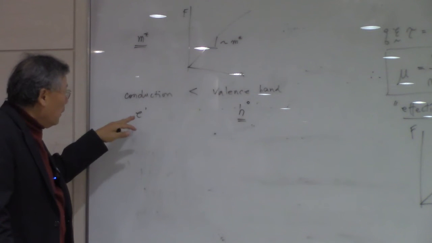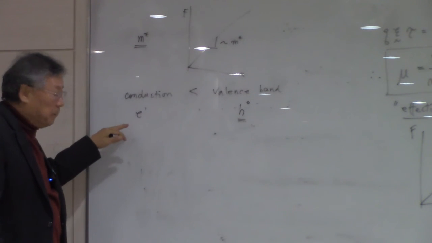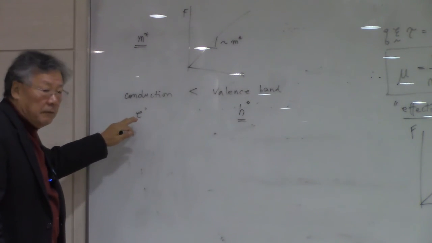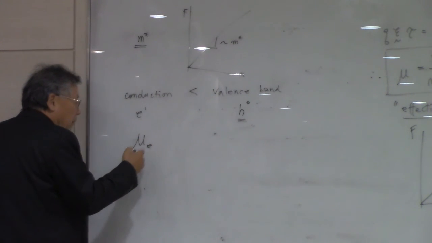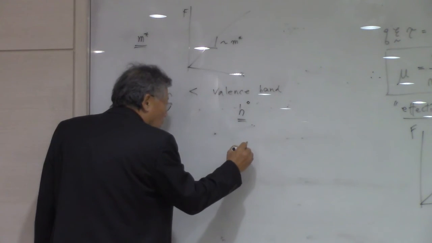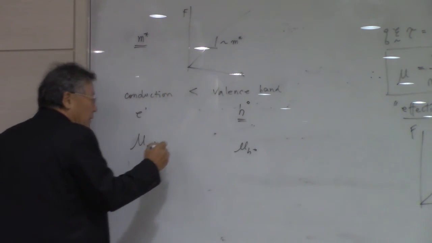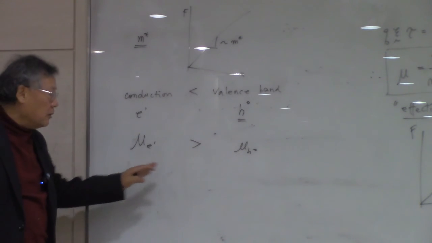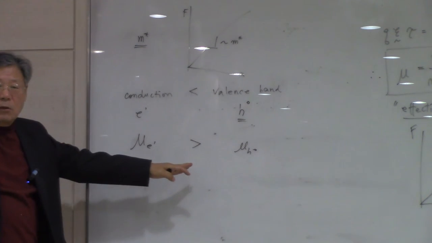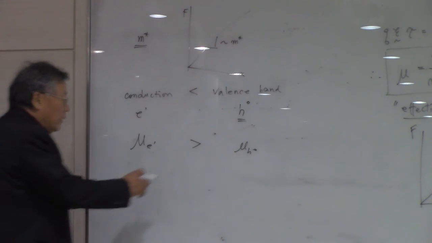So the effective mass is going to be very small. We're talking about the mobility of electrons and the mobility of holes. If you compare, obviously the mobility of electrons is much faster than that of holes, right?